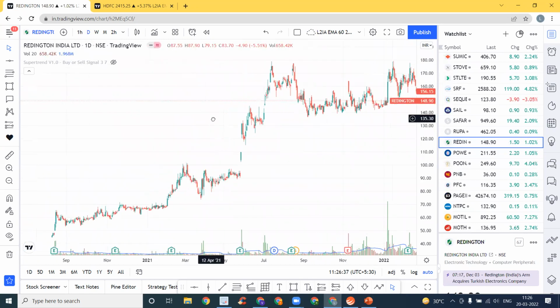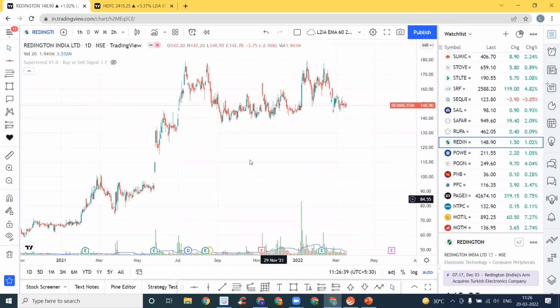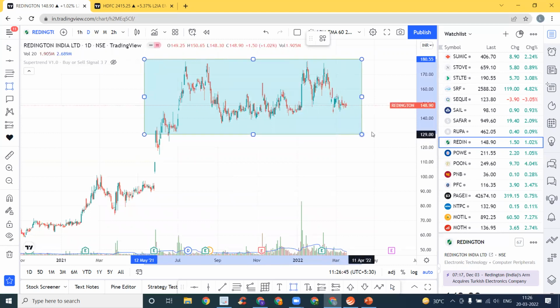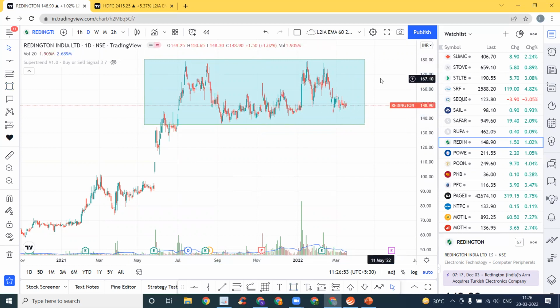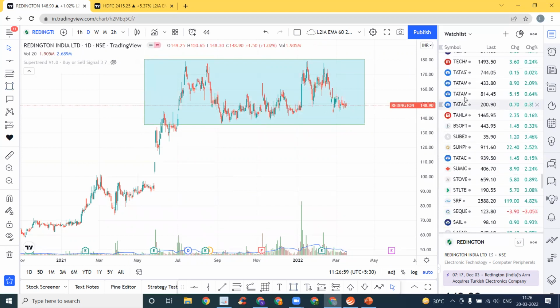It is moving in this range only continuously. It has not fallen at all. It is in the same range. Stock will do very well. If you are having it, hold on. If you want to add more, it is good.